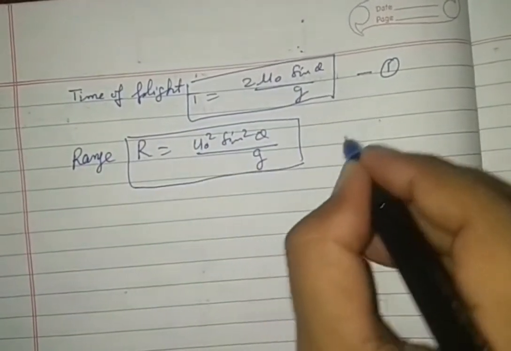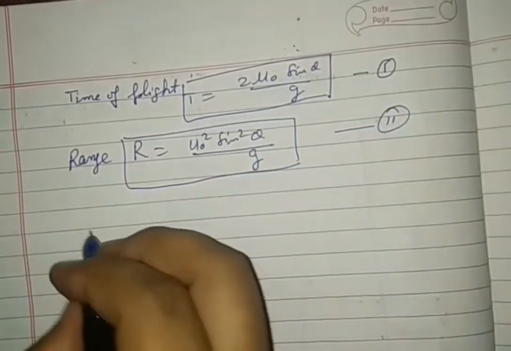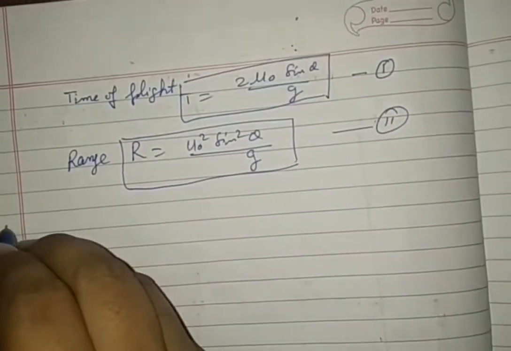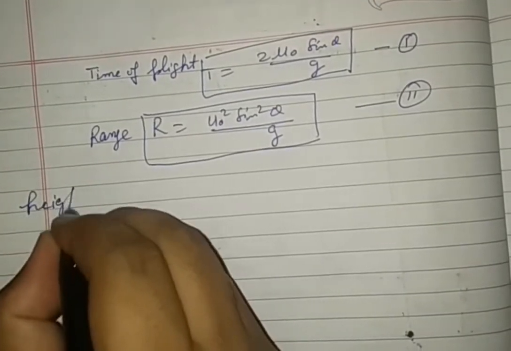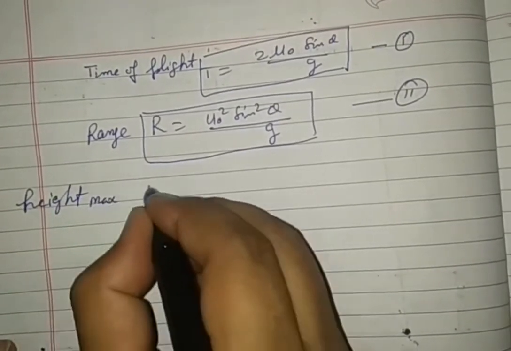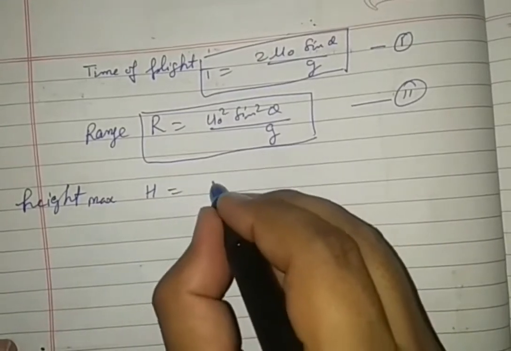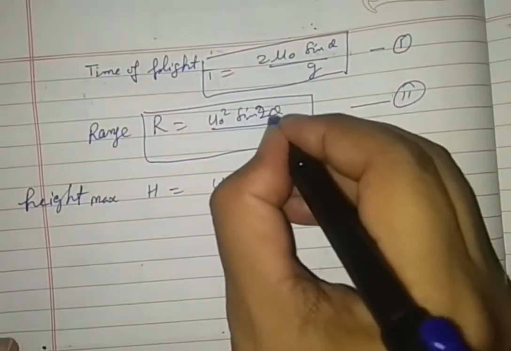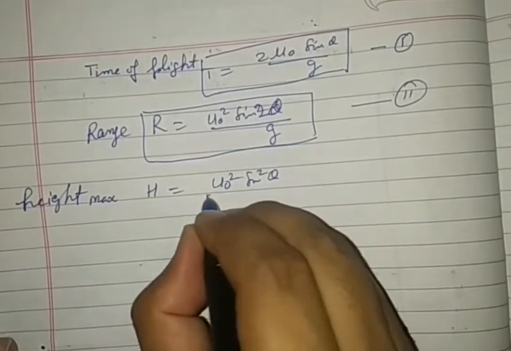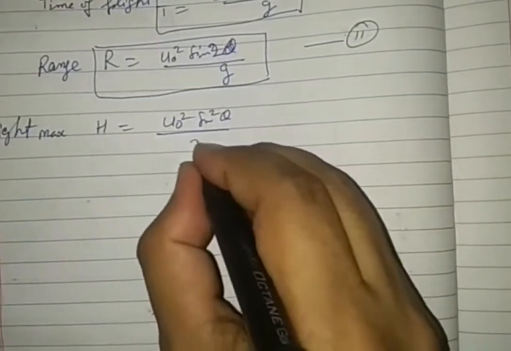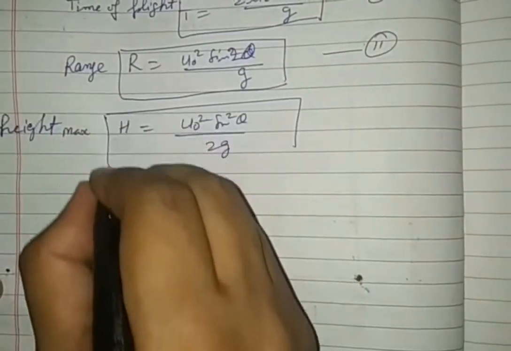This is the second equation. Maximum height, H max is equal to u naught square sin square theta by 2g, equation 3.